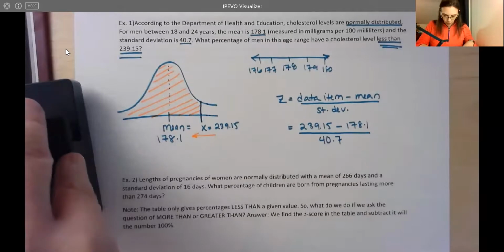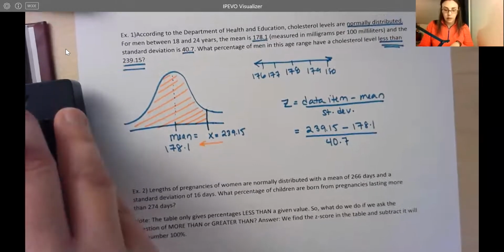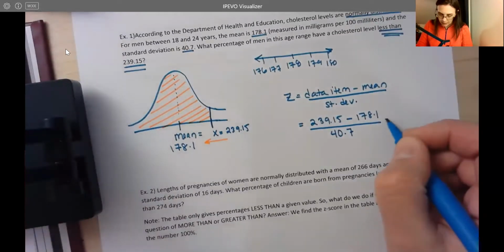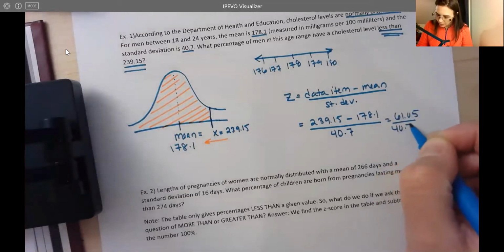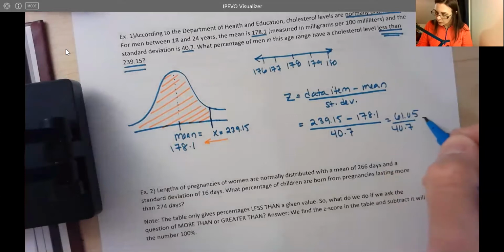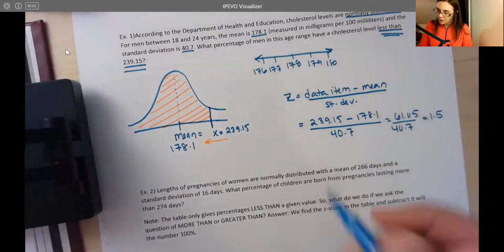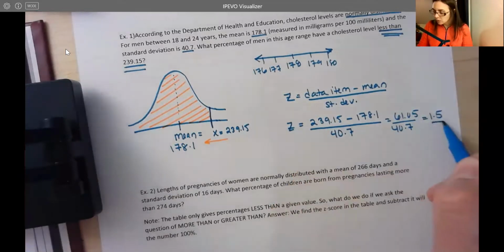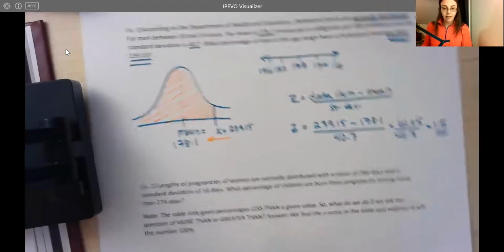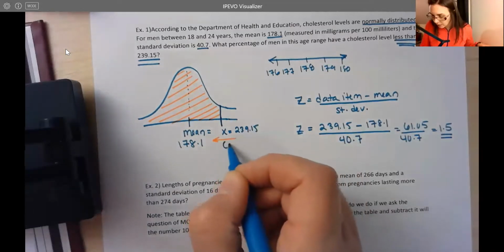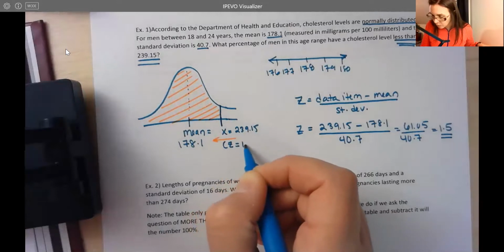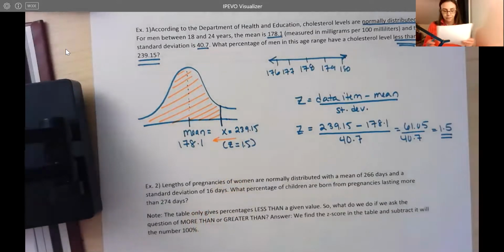All right, so when we do this, we're going to get 61.05 in the numerator, and we divide that by 40.7, we get 1.5. So in the table, the z-score we're going to look up is 1.5. Basically this x value relates to the z value of 1.5.